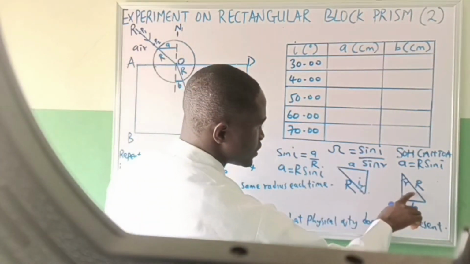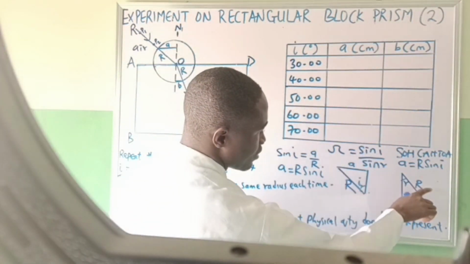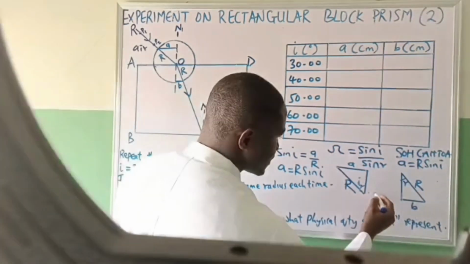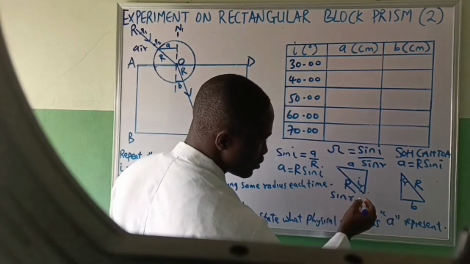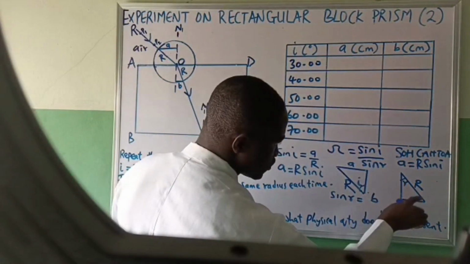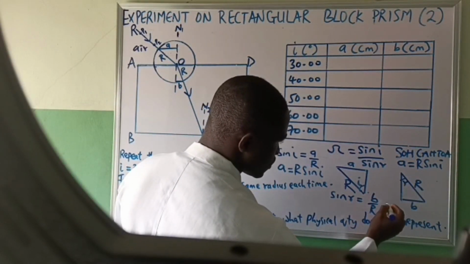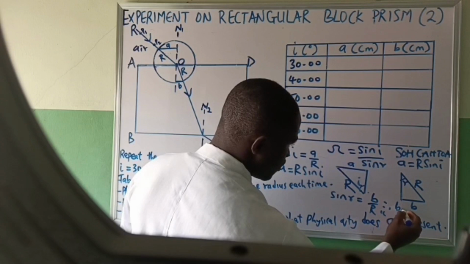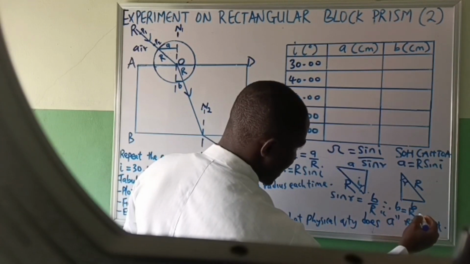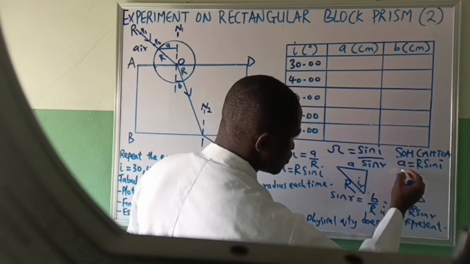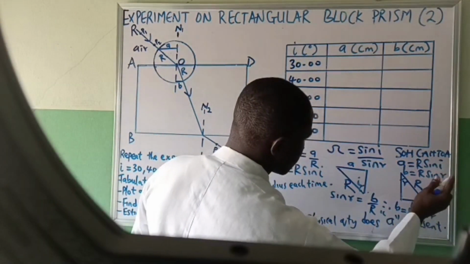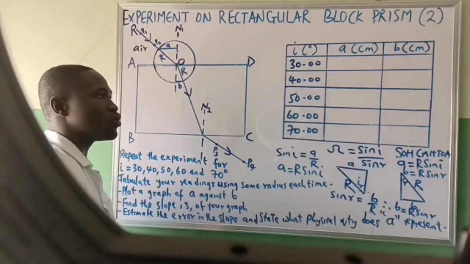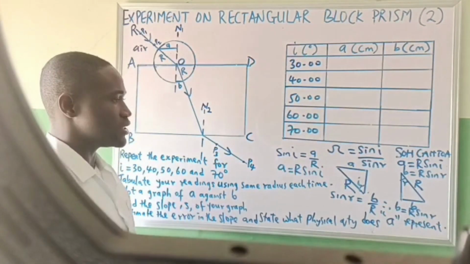Then for this one, this is B, this is R. So sine of the angle of refraction equals opposite over hypotenuse. Therefore B equals capital R sine r. That is the formula to use.